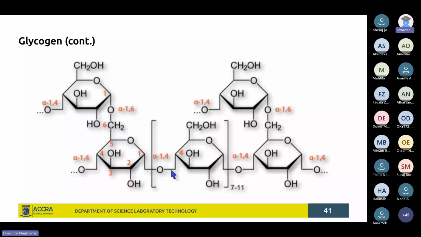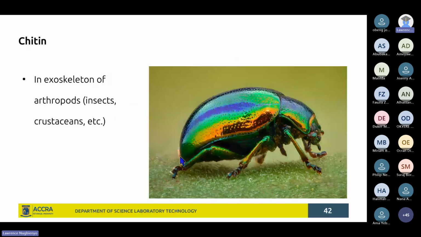We have chitin. So chitin is a major component in the exoskeleton of arthropods, such as insects and crustaceans. So that will include things like lobsters even as well.